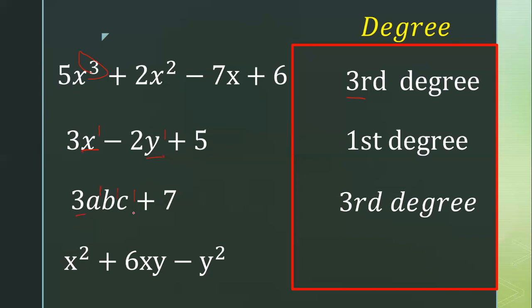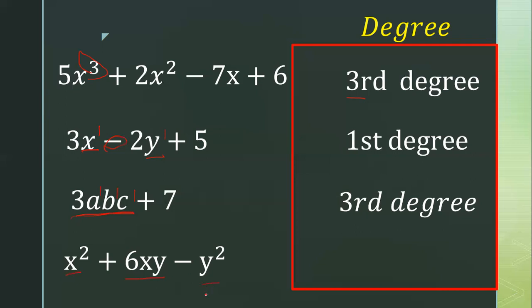Remember, there is no separator here, so you have to add the exponents. While on this, there is a separator, minus, so you should not add the exponents of the variables. Now, degree of x squared plus 6xy plus y squared.